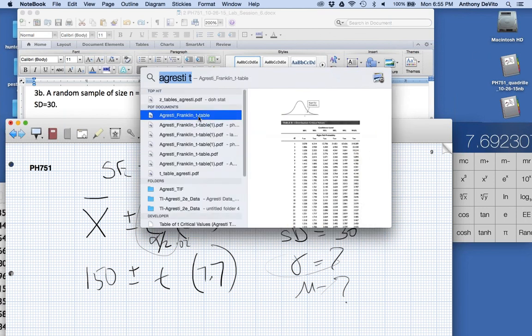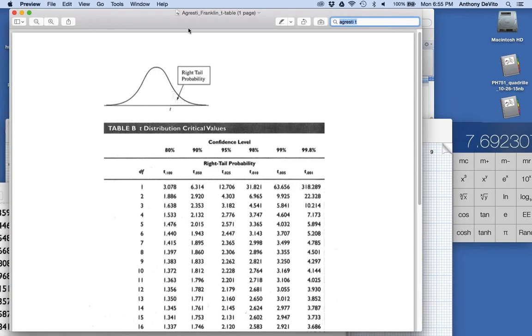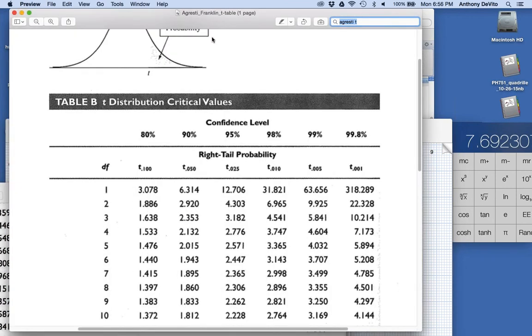Now, I'm not sure what yours is going to look like. Here's the one for Agresti. I think I put that up on Blackboard most likely. Okay, so let's take a look at this. In fact, this one is handy and less confusing because it gives you both ways. Some of them won't. Some of them might only give you this middle bar over here, right tail probability.